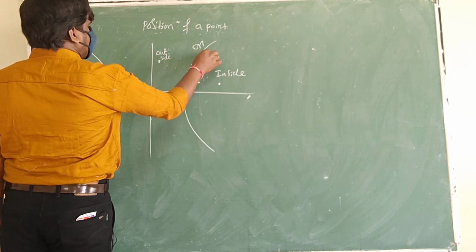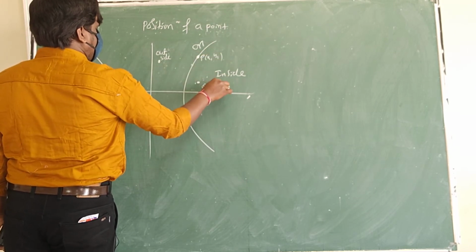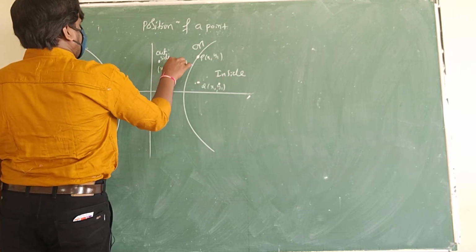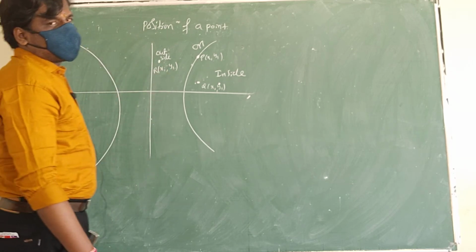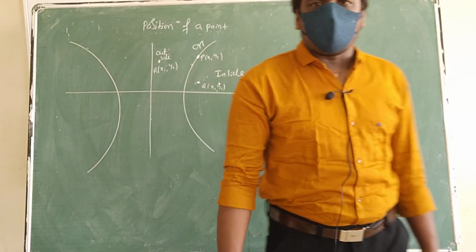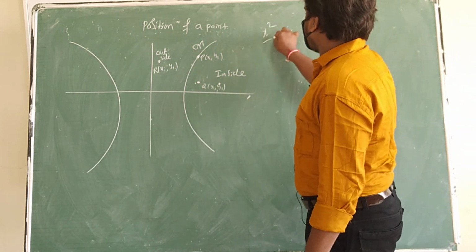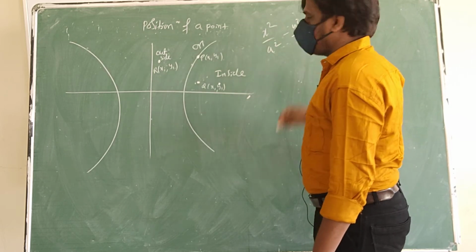Suppose P x1 comma y1 or Q x1 comma y1, whatever the point is. If I want to know whether it is outside or inside, the condition should be taken. So you know that the equation of the hyperbola is x square by a square minus y square by b square equal to 1.